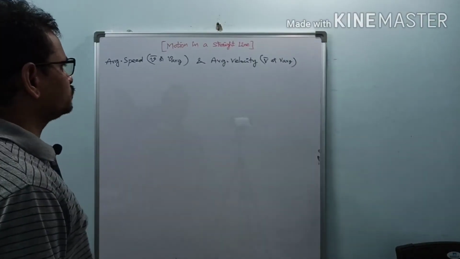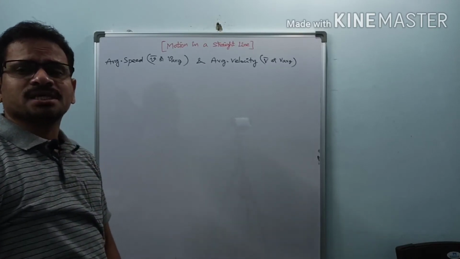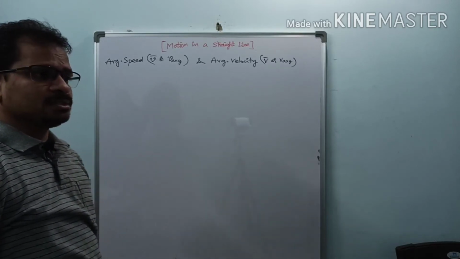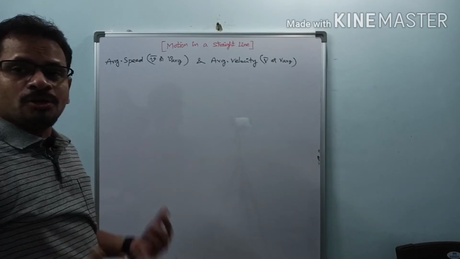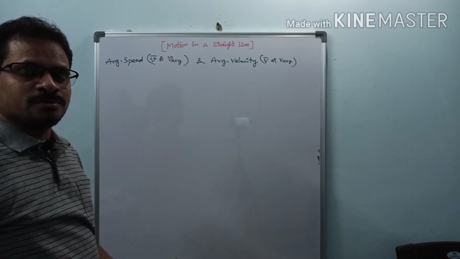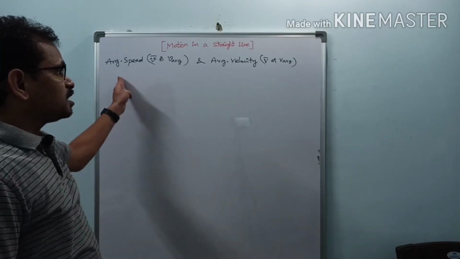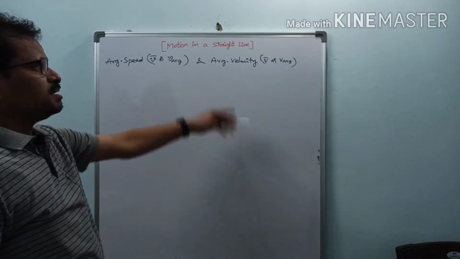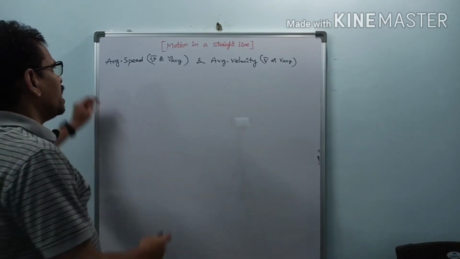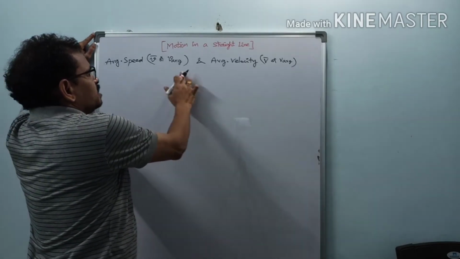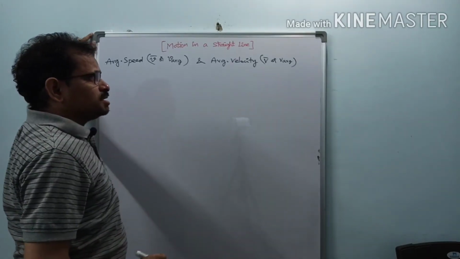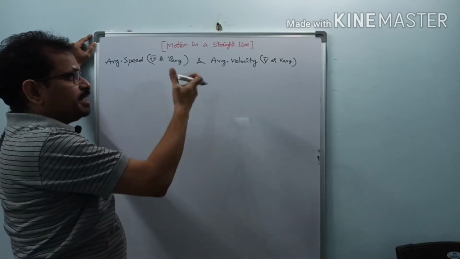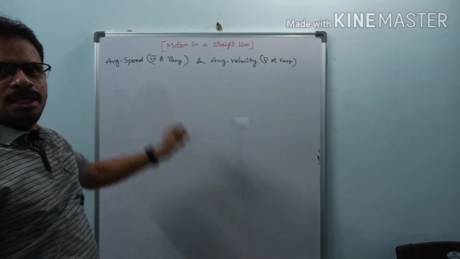Now let us see the physical quantity which helps us find which object is moving faster and which is moving slower, and that is average speed. Another one is average velocity. Average speed is a scalar quantity, while average velocity is a vector quantity; it has direction. Let me give you the definitions.